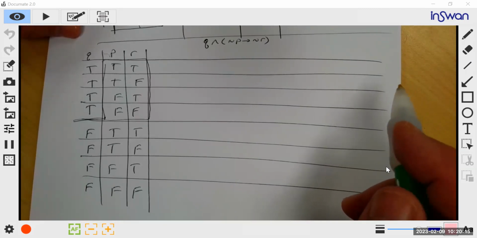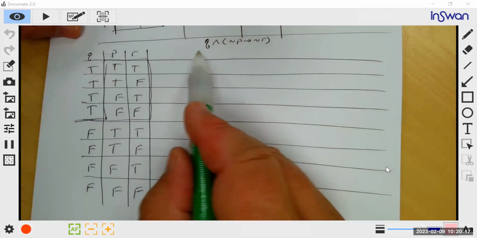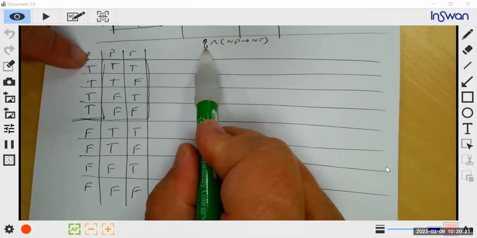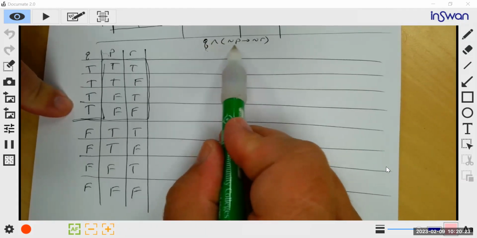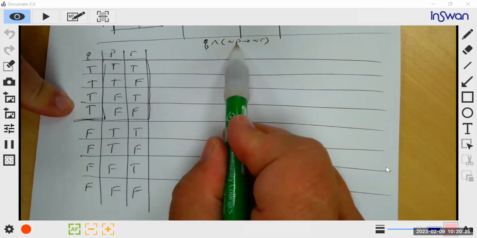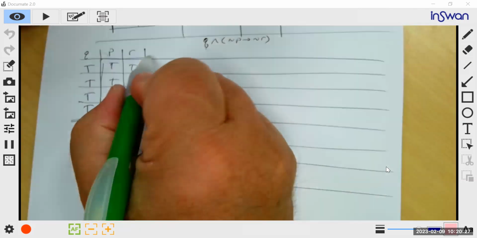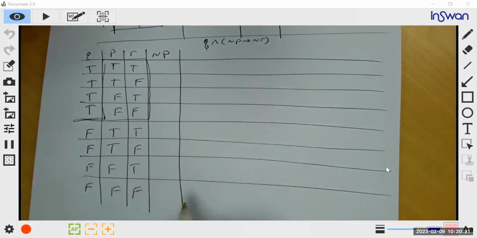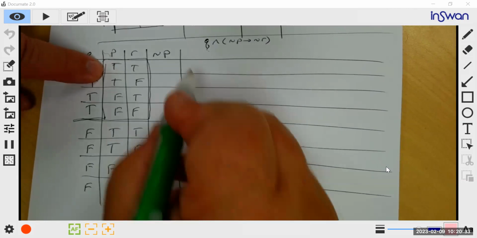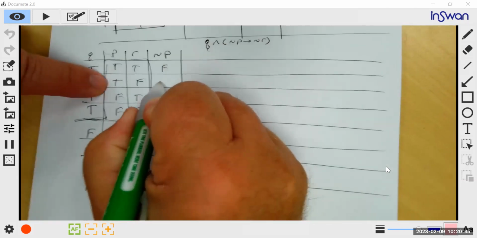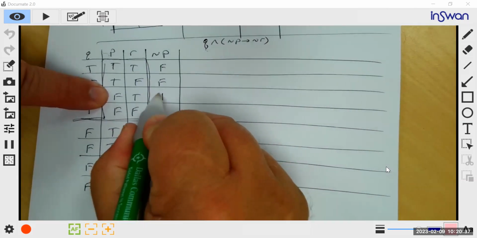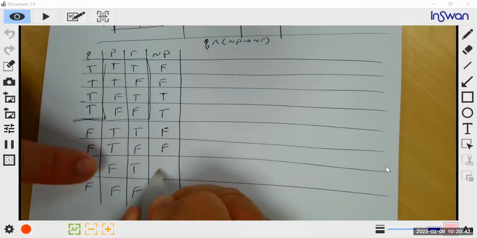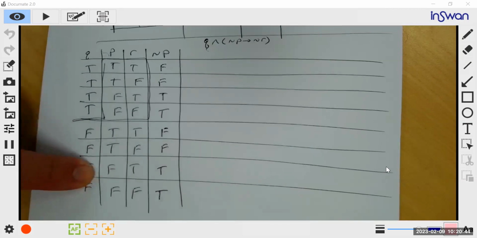Okay, what's the next thing you have to build? Let's look at this equation. Do we have Q? Yeah, right here. Do we have not P? Nope. So we have to create a not P. We go to the P column and take the opposite: false, false, true, true.